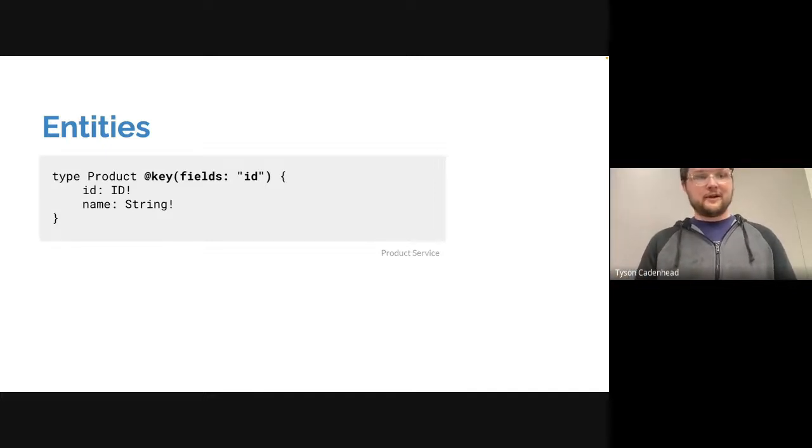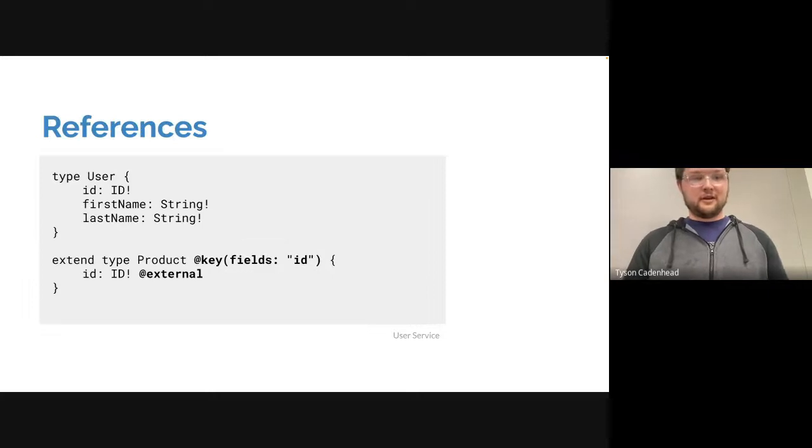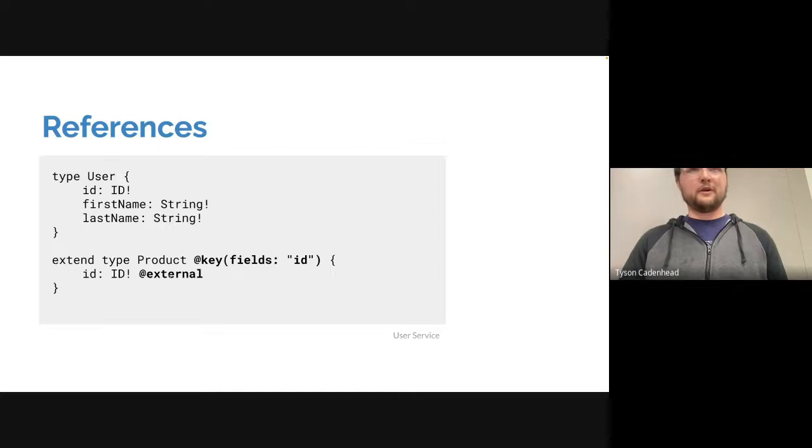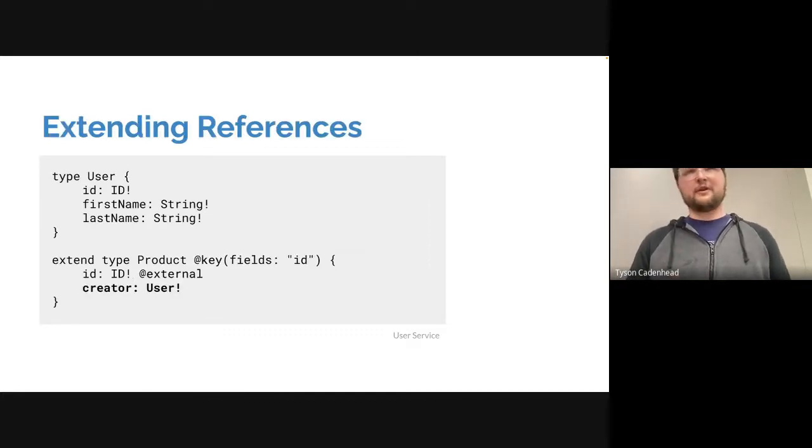And once you have that, your other graphs can come in and they can extend the type. So we do extend type and then whatever the type is. And then we have to define that same field there. And then we do an @external to signify that that ID is coming from the product service, not the user service. And once that's available, we can just work on that type like we would usually.